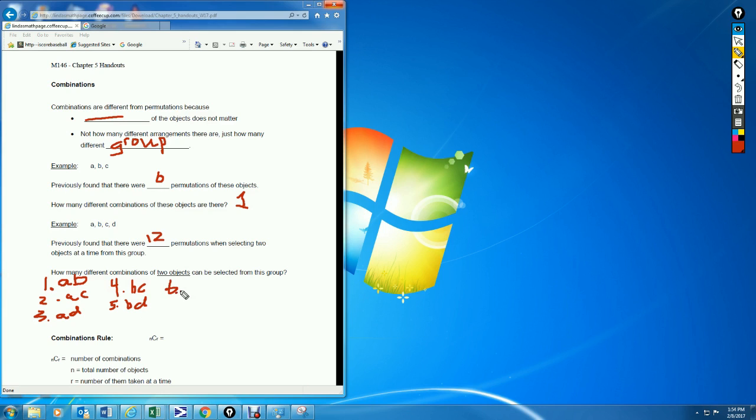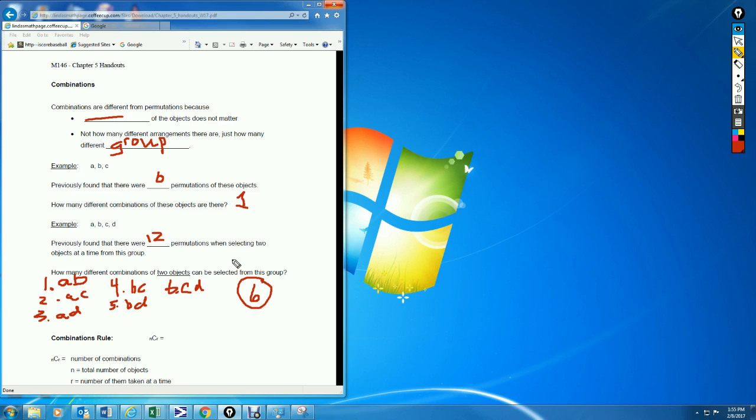So let's go on to C and D. Okay, so in this case, there are only 6 combinations of two objects versus 12 permutations. Okay? In general, there will be fewer combinations than permutations. All right?